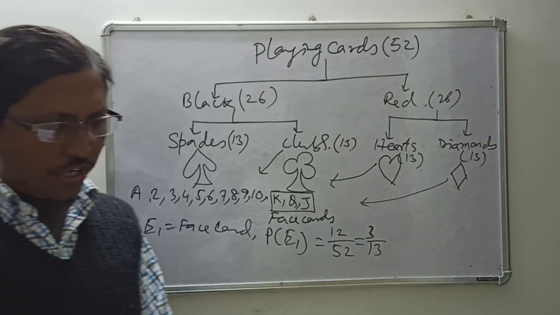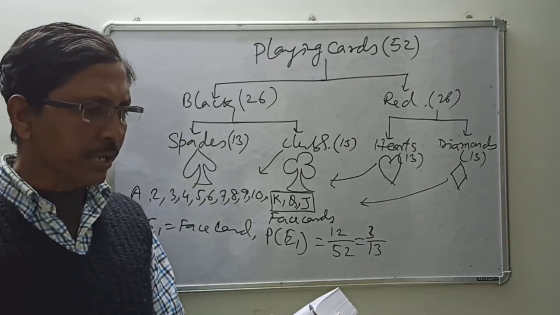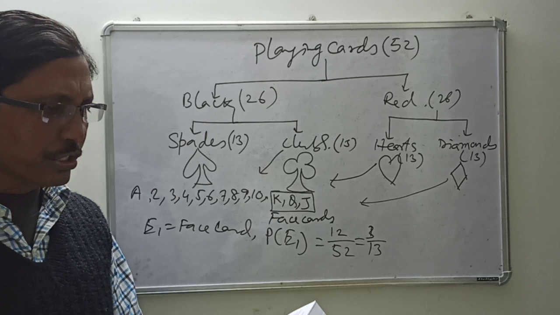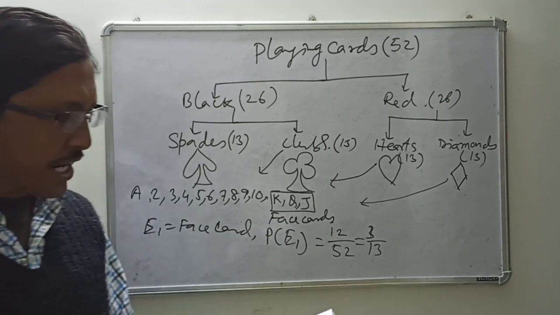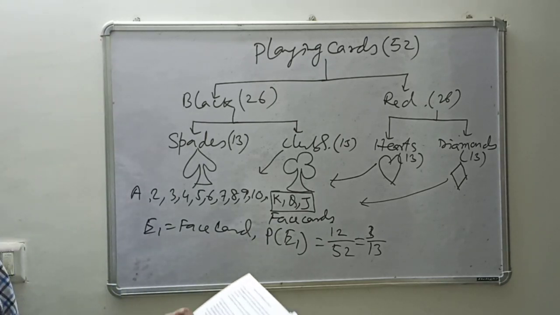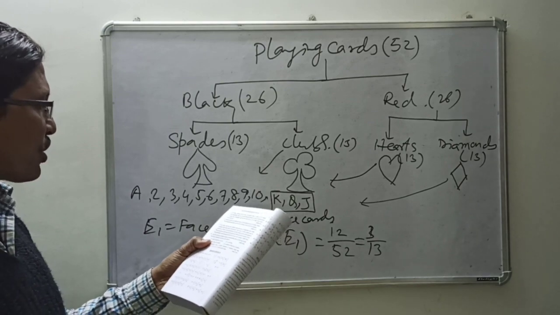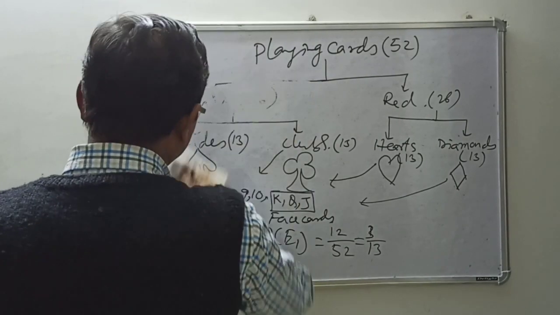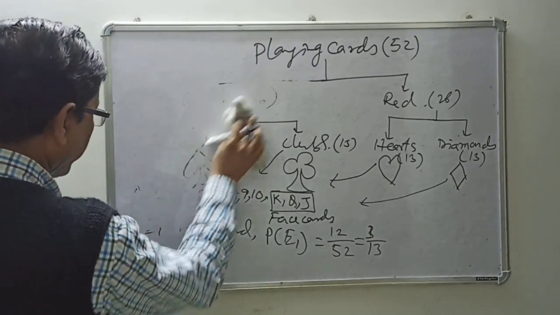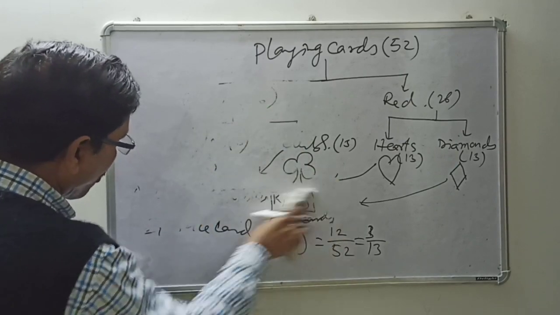A card is drawn at random from a well shuffled deck of 52 cards, means total number of cards is 52. Find the probability of what? A card of spades or an ace.